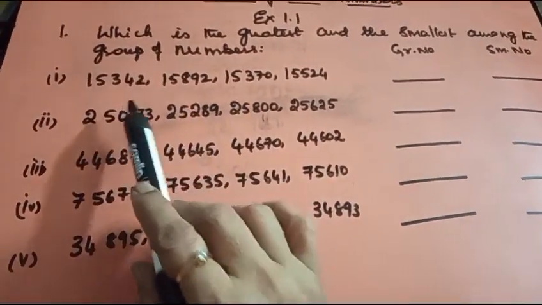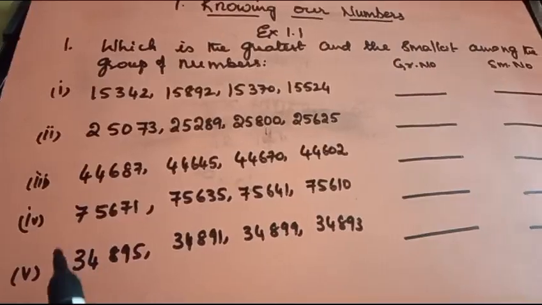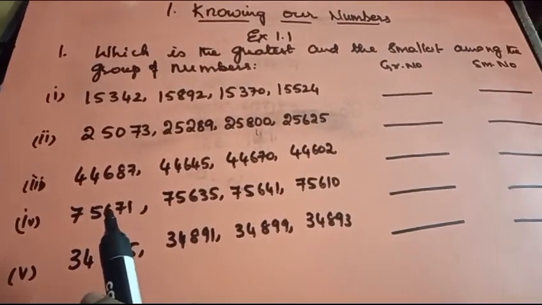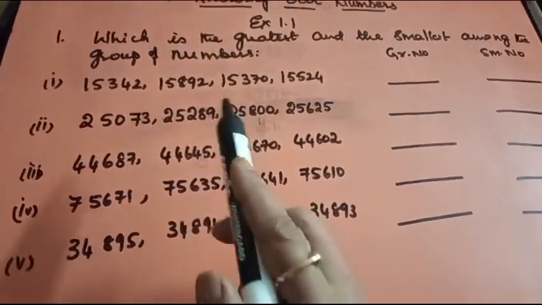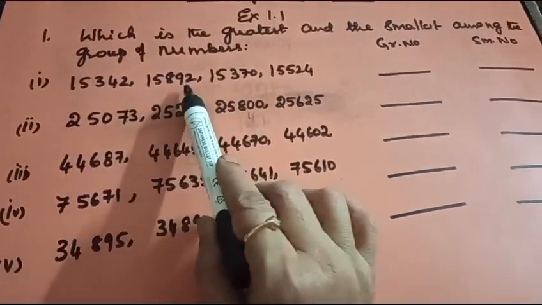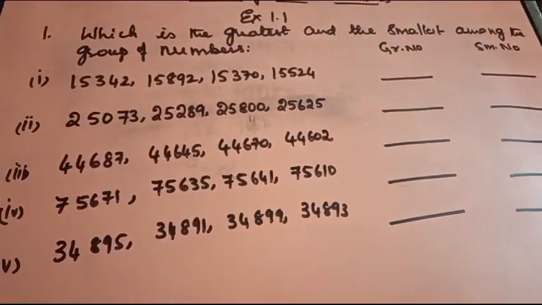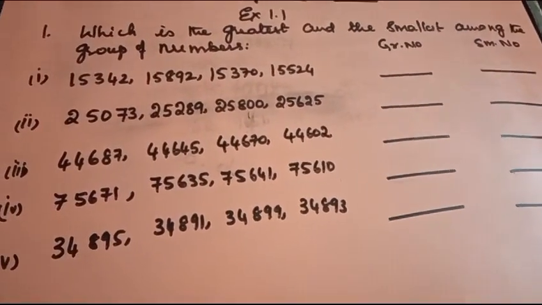But here it is a little bit different from that example. Among the 4 values given, we have to find out which is the greatest and which is the smallest.